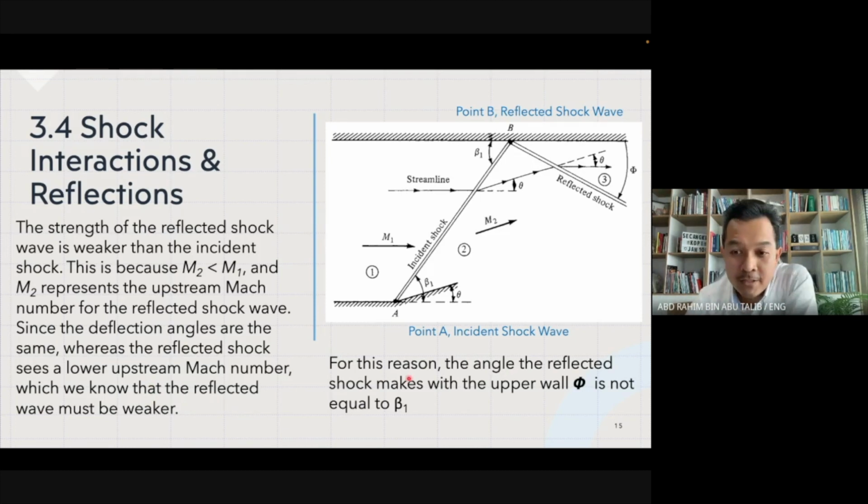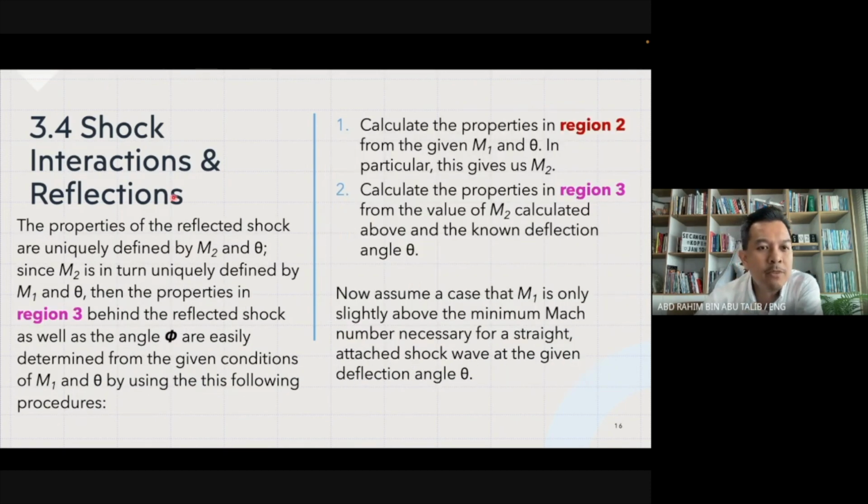For this reason, the angle of the reflected shock wave with the upper wall, which we call phi, is not equal to beta 1. So this reflected shock angle phi is not equal to beta 1. The properties of the reflected shock are uniquely defined by M2, the region 2 Mach number, as well as theta.